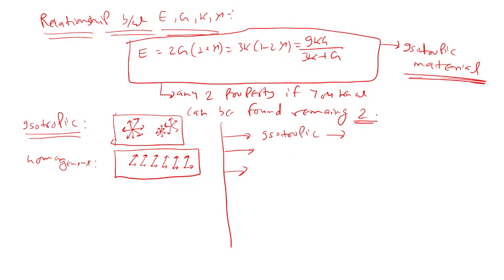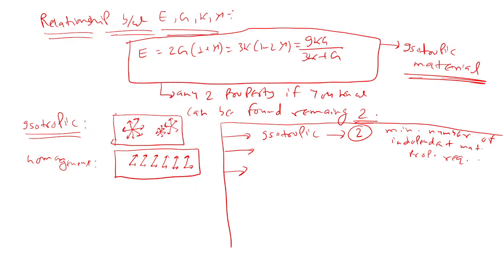So the minimum number of independent material properties required to define all the other properties is 2.